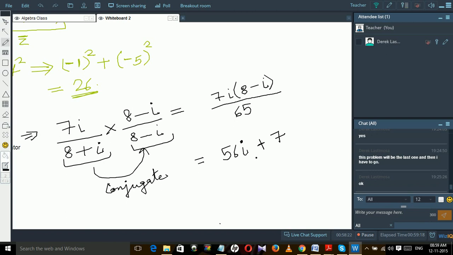So that gives me somewhat like 56 iota, I'm writing it straight, plus 7.